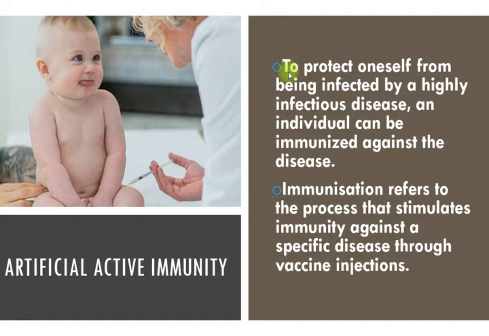We go to the second type of active immunity, which is artificial active immunity. It is important to protect oneself from being infected by a highly infectious disease, so an individual can be immunized against the disease. This type of immunity is important to protect us from highly infectious diseases, such as COVID-19 now.